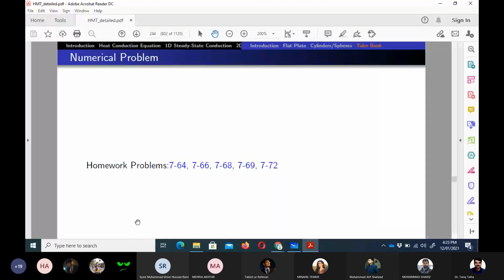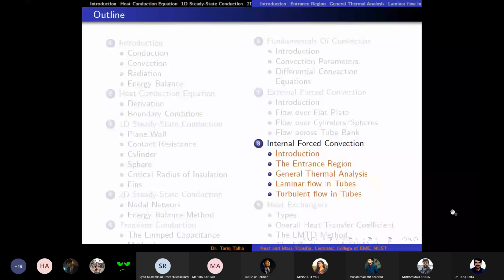Now we would have quiz number 4 next week. It would be from chapter number 7, which is external forced convection. In the next lecture, which is actually tomorrow, we are going to start the second last chapter of this course, which is internal forced convection, the flow inside ducts and pipes.